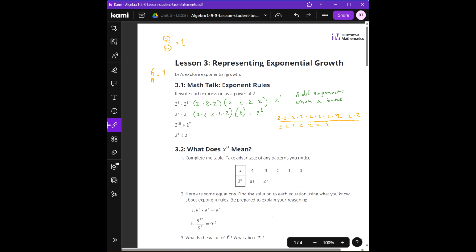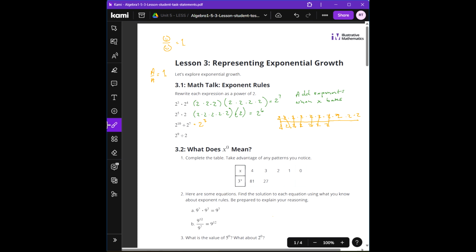So anything over itself is 1. So if I have 2 over 2, that's 1, so I can cross it off. I can do that for all of these where there's a corresponding 2. And now I'm left with 2 times 2 times 2. So this is going to equal 2 to the 3rd.